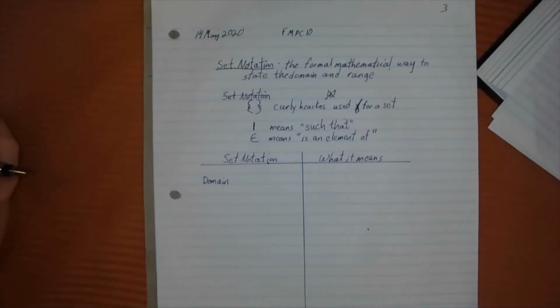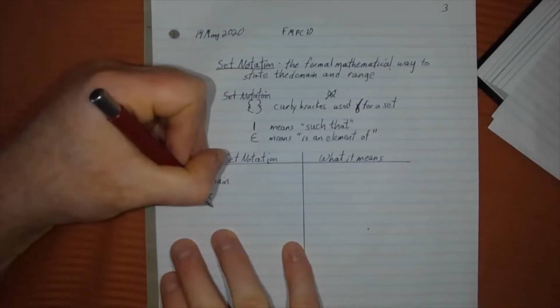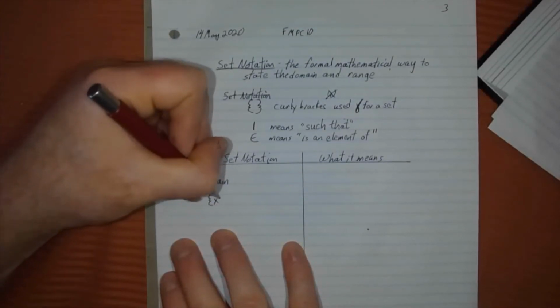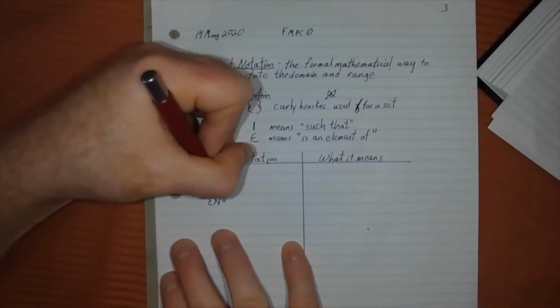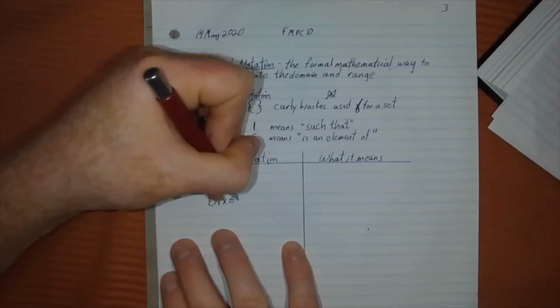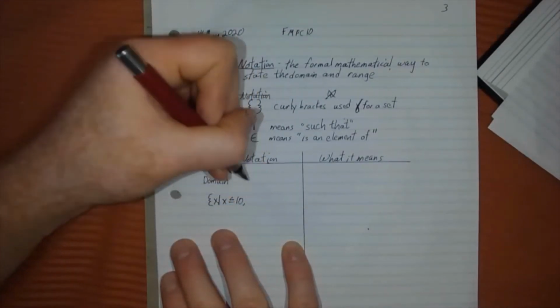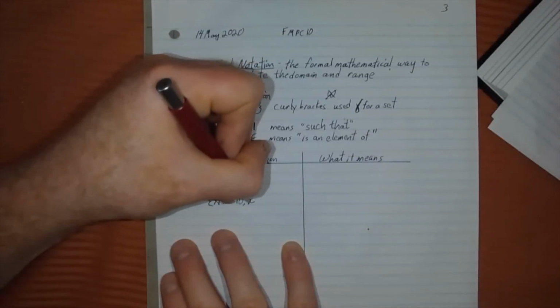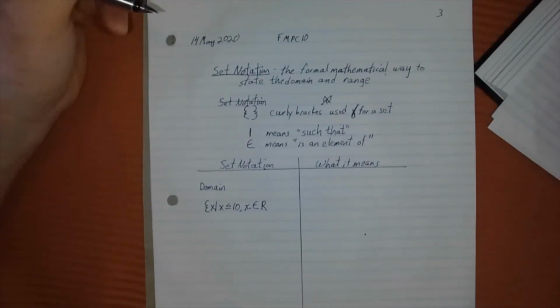We have our domain. And I can say that the domain is the set of values x such that x is less than or equal to 10 and x is an element of the set of real numbers.